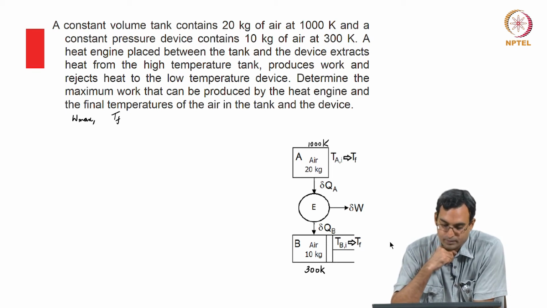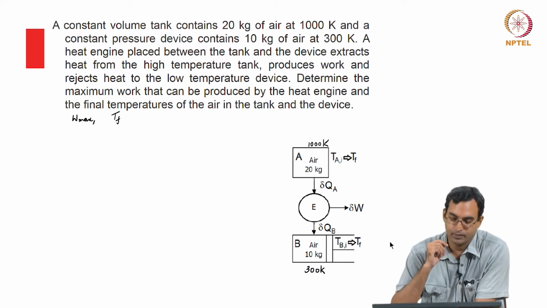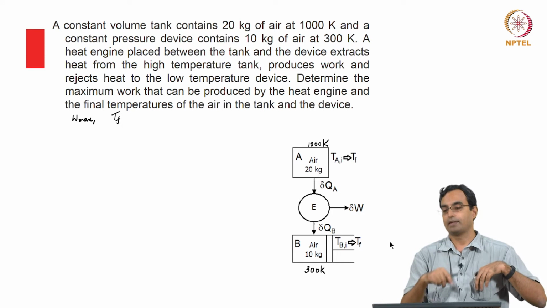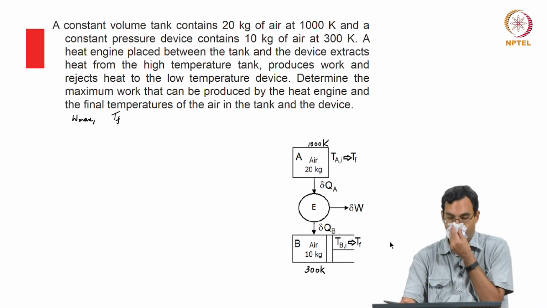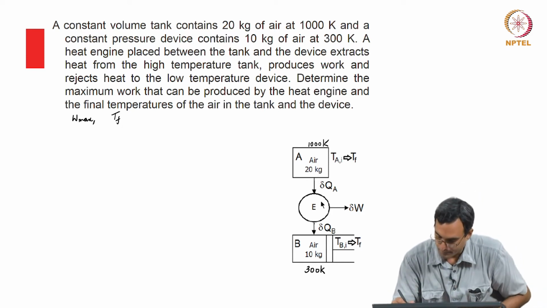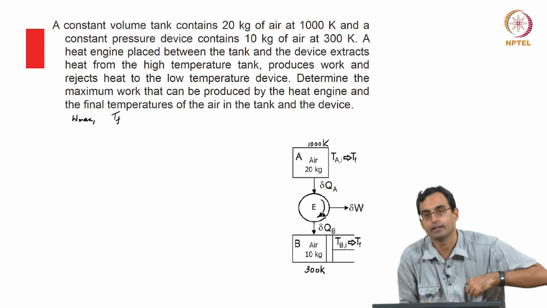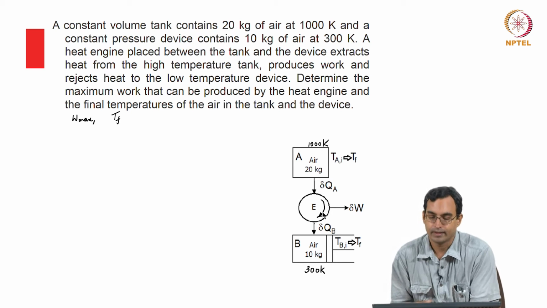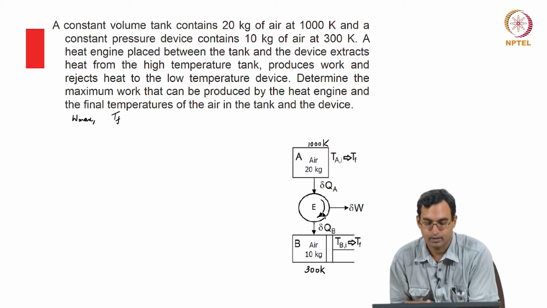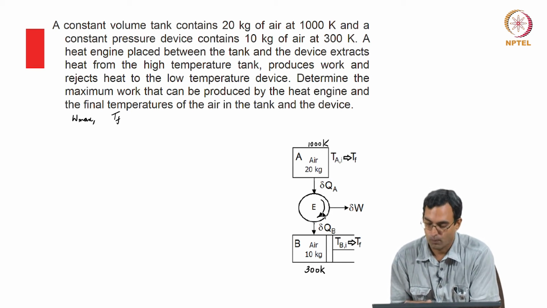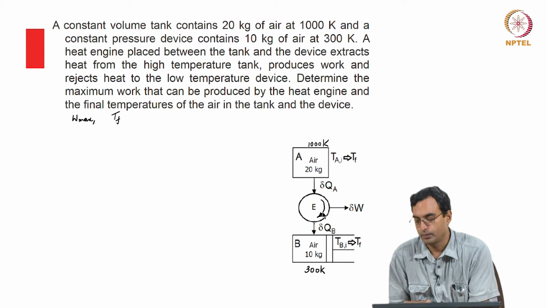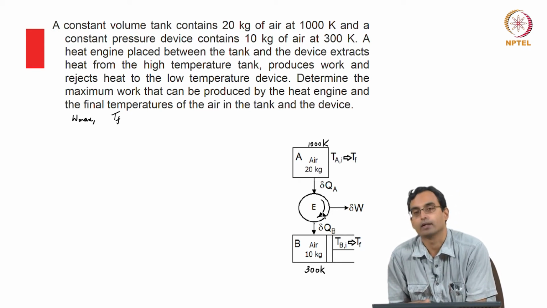So, what I can already say is that the maximum work which I can get will be if I run a reversible engine. I run this in a cycle, I run a reversible engine, that will be the maximum. The second thing which I know is when will this engine stop to work.